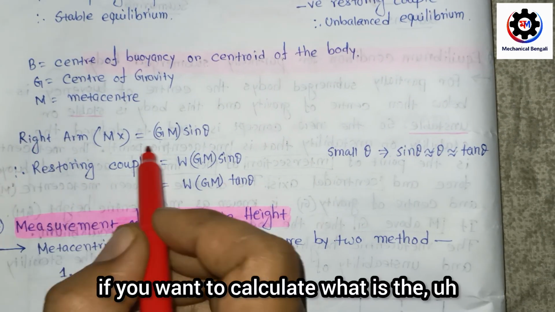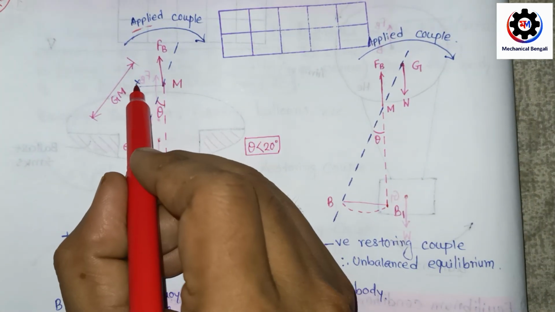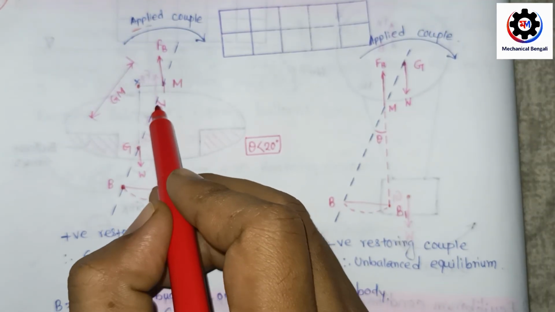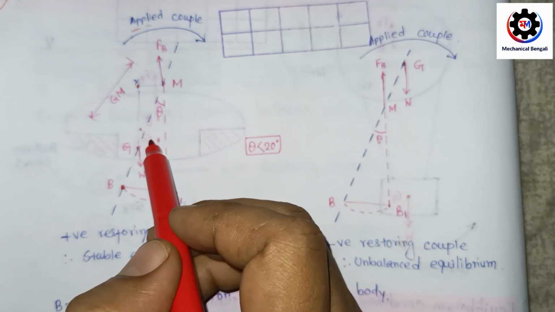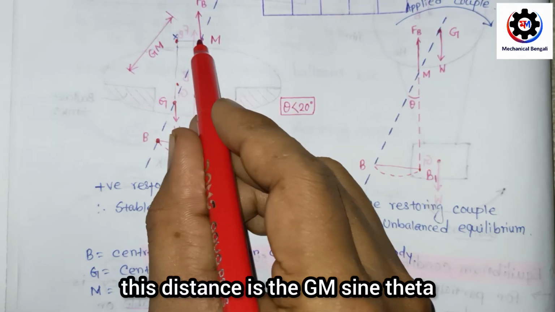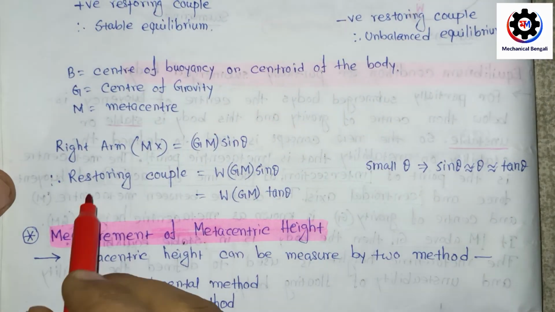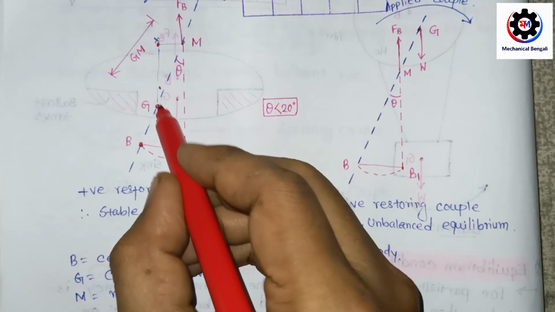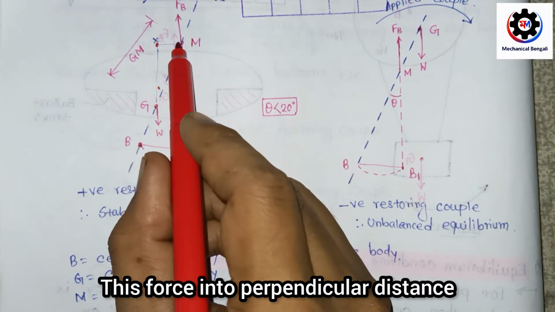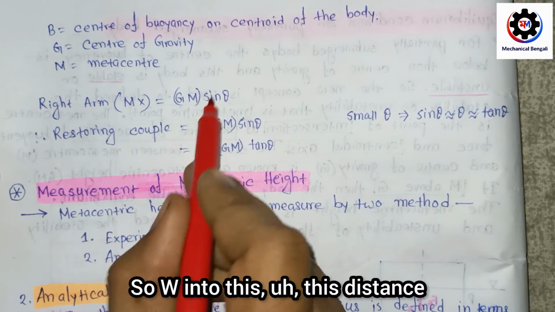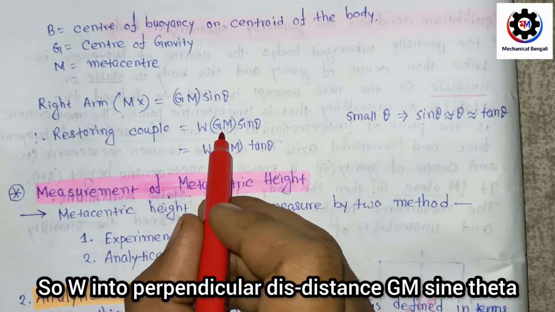Now if you want to calculate the distance MX, consider this point X, and this angle is theta, between the tilted axis and the vertical axis. In the right-angled triangle, MX is equal to GM sin theta. Now to calculate the restoring couple, it is the force W in the downward direction multiplied by the perpendicular distance, GM sin theta.